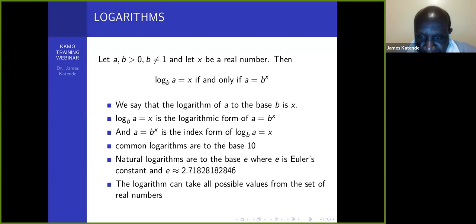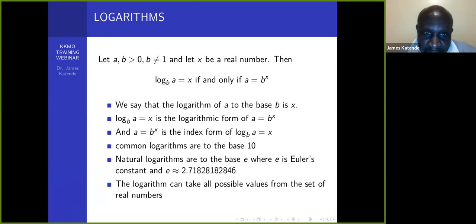So the logarithm can take on any value, any real number. But it cannot act on numbers which are less than or equal to 0. So you cannot get the logarithm of 0, and you cannot get the logarithm of negative numbers as well.